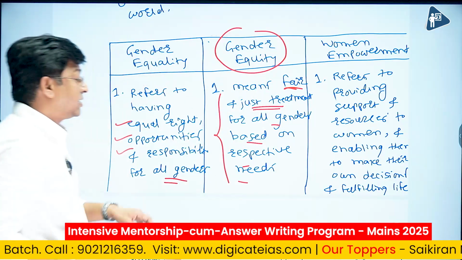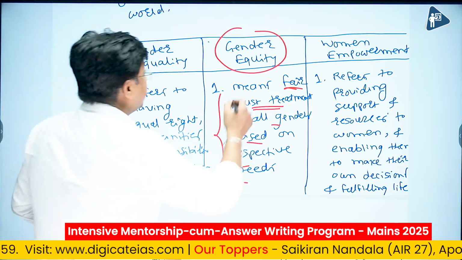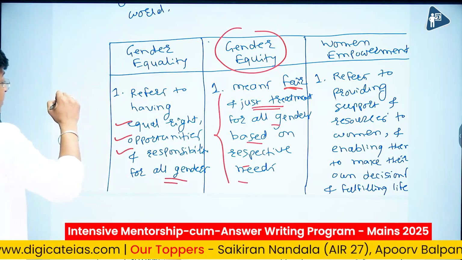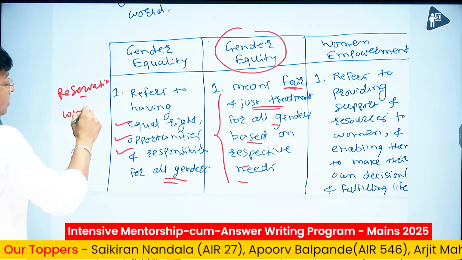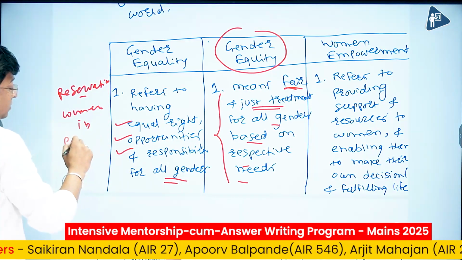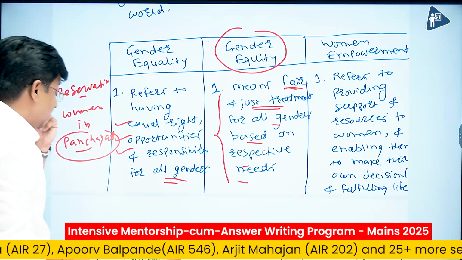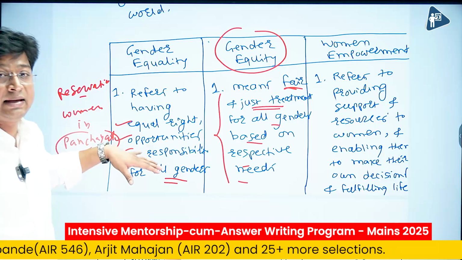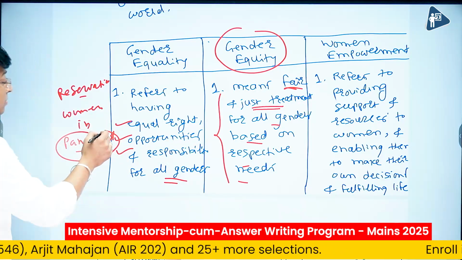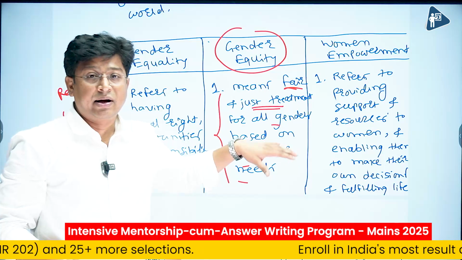For instance, there are many schemes from the government, or many reservations. For example, we have reservation for women in panchayats, and now we will have reservation in state legislatures and Parliament as well. This is nothing but recognizing that females are underrepresented in politics and governance.